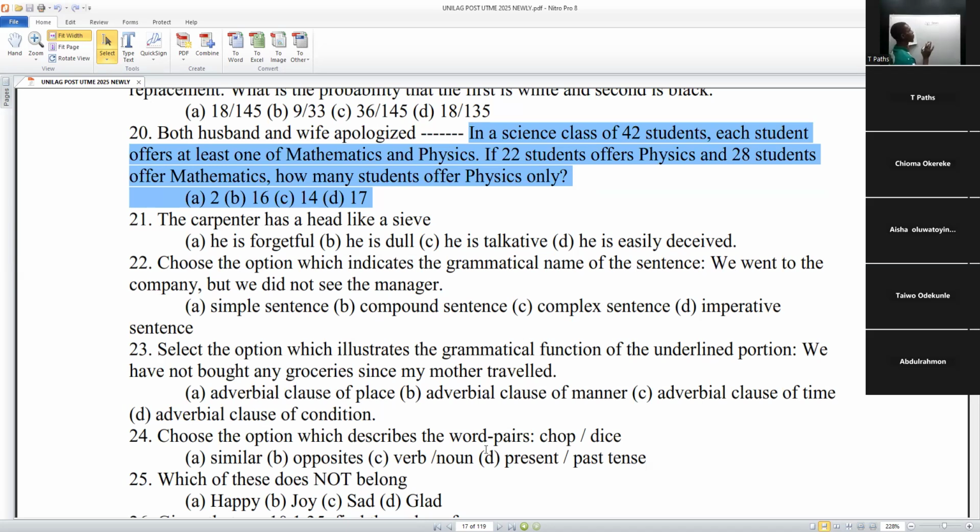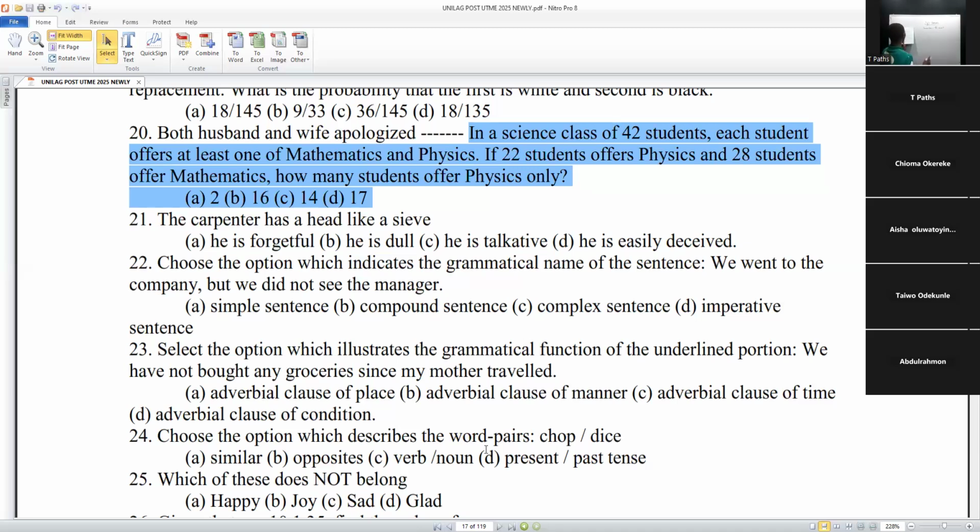That is how I want you to solve anything relating to set theory. Is that clear? Now, the science class contains 42 students. Are we there?